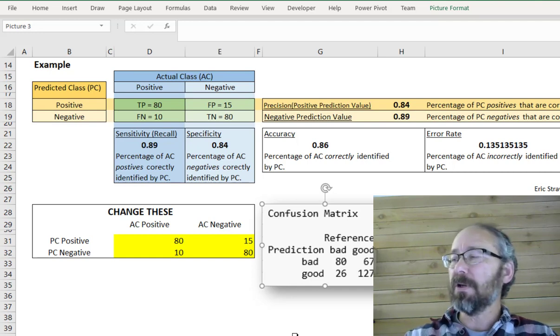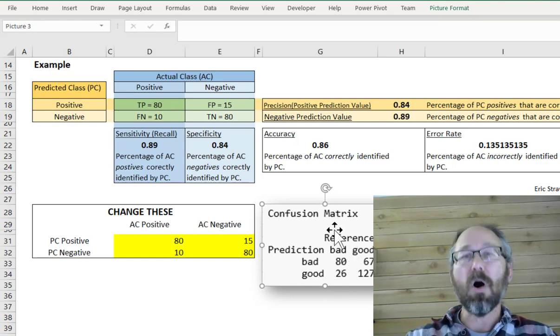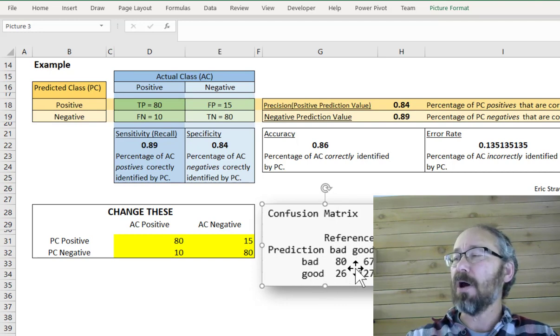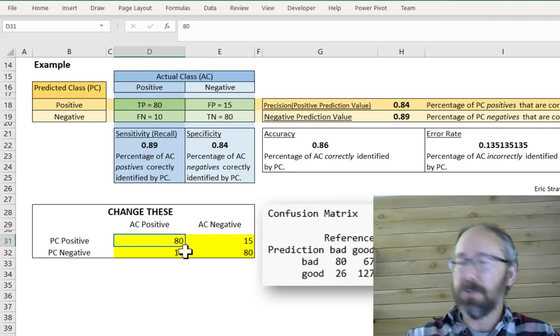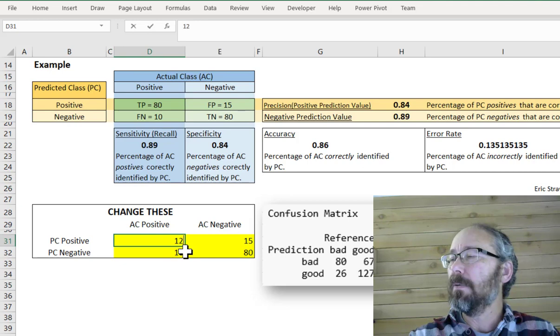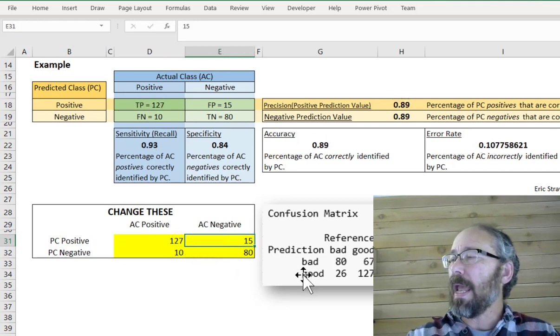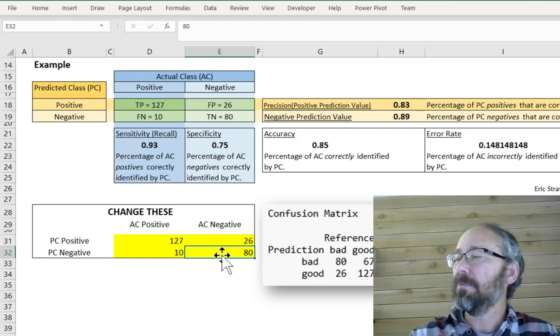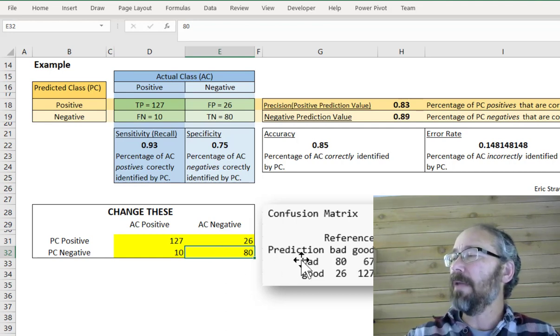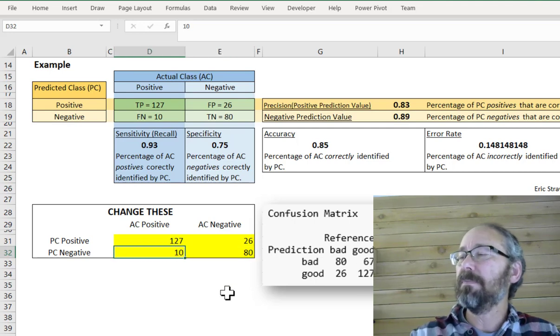Now this particular confusion matrix from R has these columns and rows reversed, so I'll have to pay attention to what I'm doing here. So positive is 127, and positive negative is 26, and negative is 80. Oh, that was already 80. Good. And then negative positive is 67.